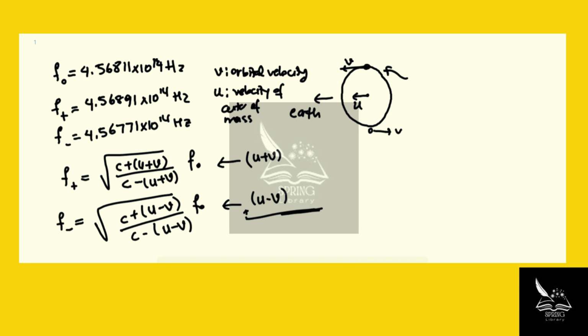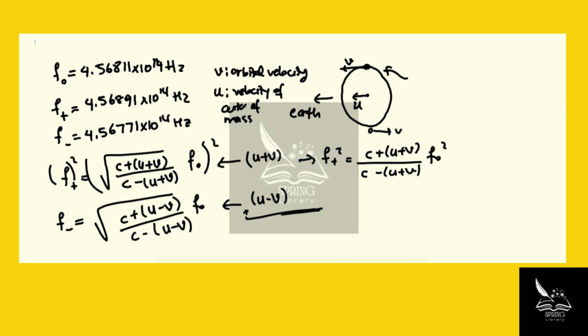Now, in order to do that, first things first, we're going to have to take the square of this equation, right? So F plus squared is going to be C plus U plus V over C minus U plus V, F naught squared. Now, let's multiply both sides by the denominator.